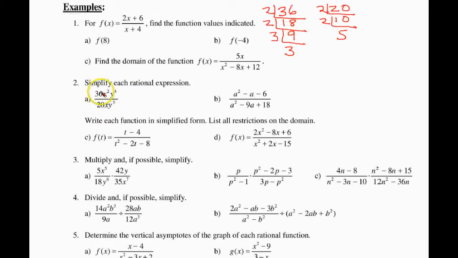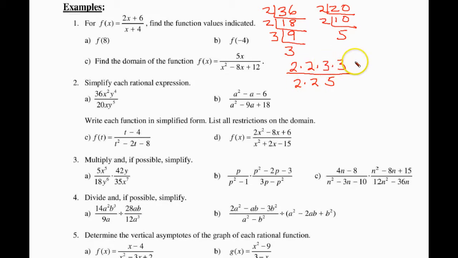Now, eventually you're going to do this in your head, but to show you the technique, we take the number 36 and we get the prime factors. So our 36 is actually 2 times 2 times 3 times 3. That's 36. And our 20 is 2 times 2 times 5.